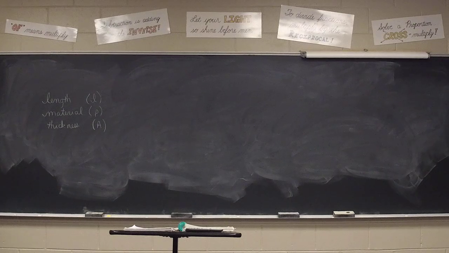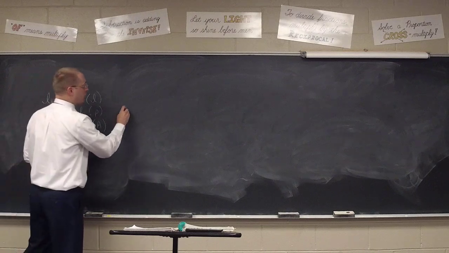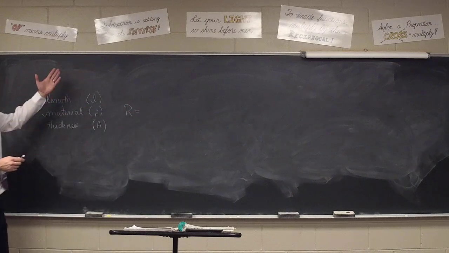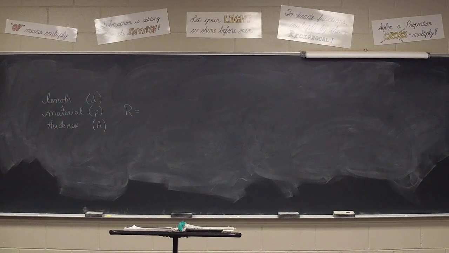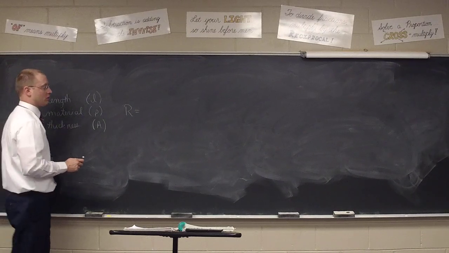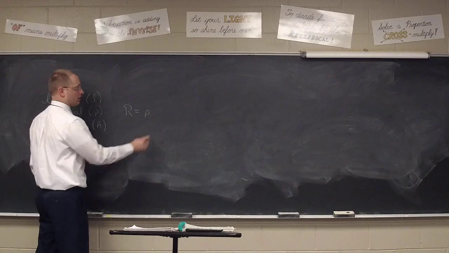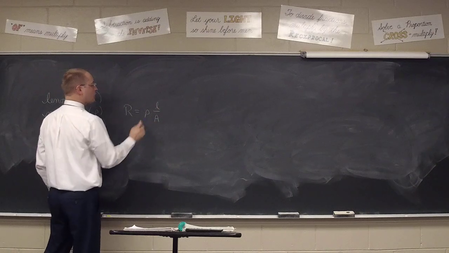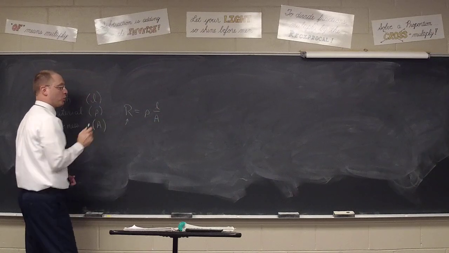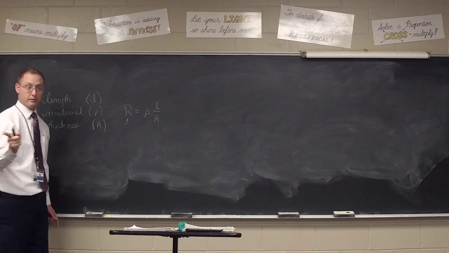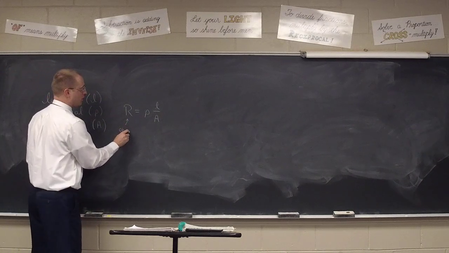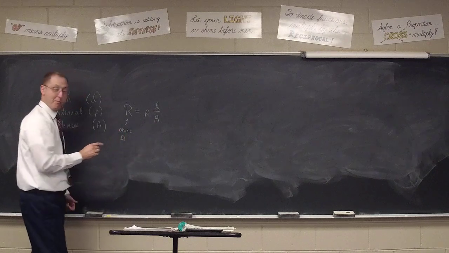Good, Audrey. Resistivity. And we said that resistance in a wire can be calculated based on these three factors. What was that equation that we had? Kendall? Rho times length over cross-sectional area. Good. Do we remember the SI unit for resistance from yesterday? Ohms, represented by the Greek letter omega.